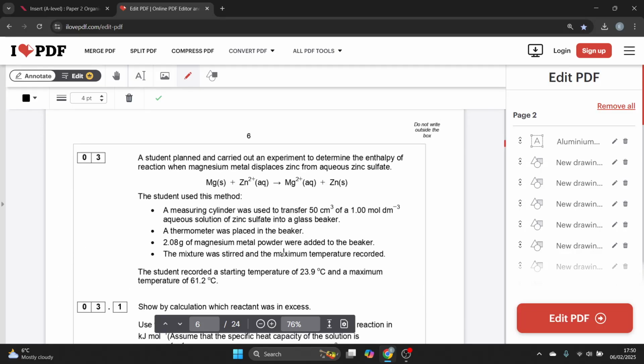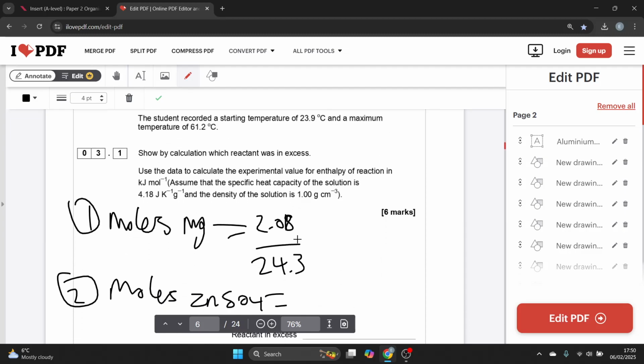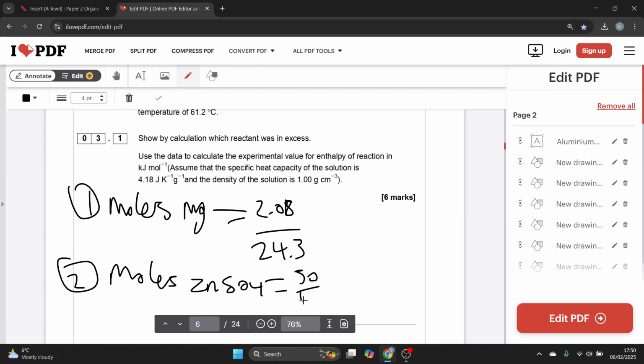which is, I'm going to use concentration and volume, 50 divided by 1000 times by 1.00. And I get here 0.0856, sorry, and here I get 0.050.